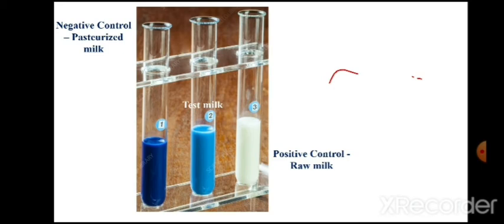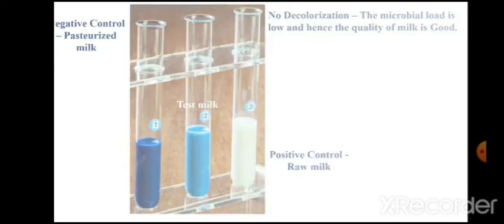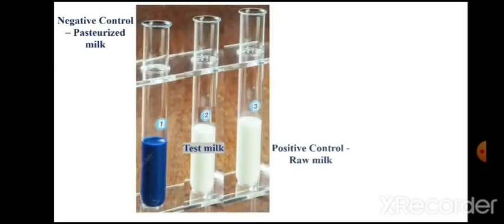After incubation for half an hour, if you get this kind of result, that there is no decolorization in the test milk sample after half an hour, we can say that the microbial load is low and therefore the quality of milk is good. We can read the results this way.